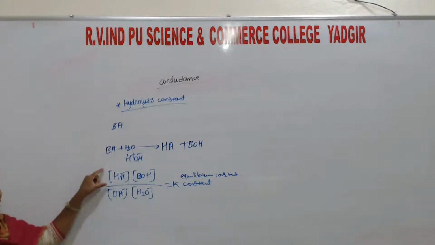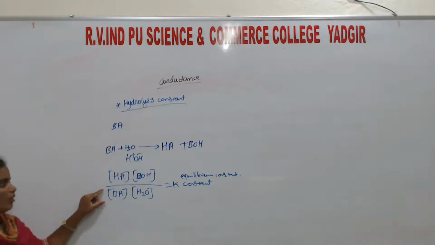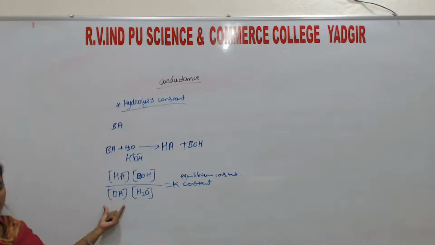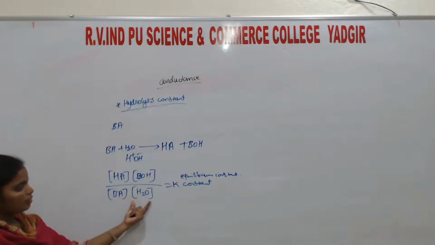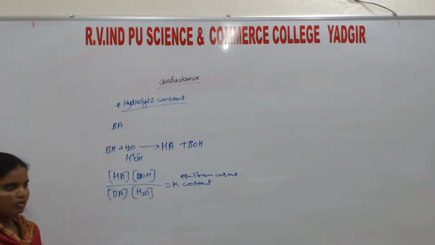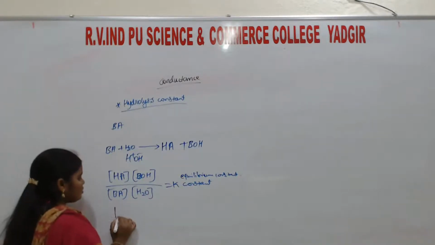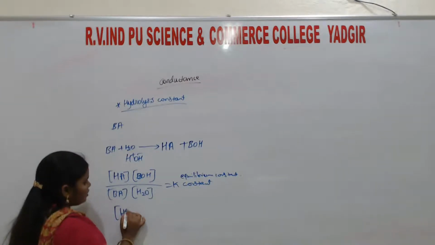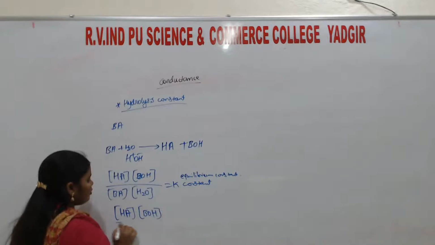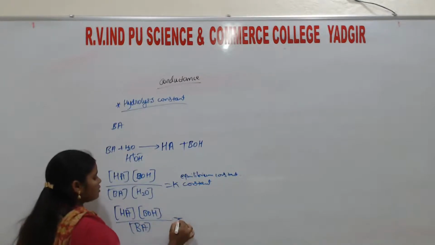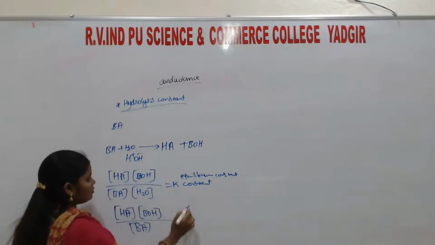So the equation may be written as K times the concentration of H2O equals HA times BOH divided by BA.